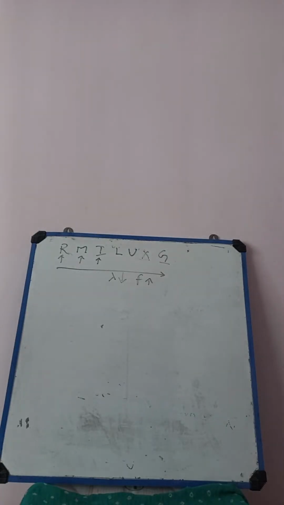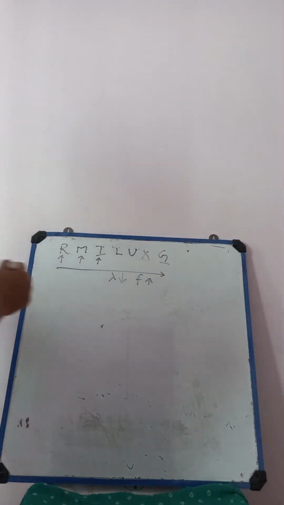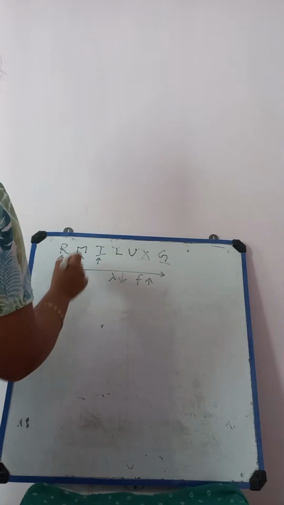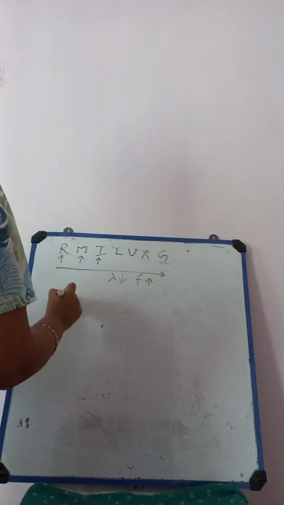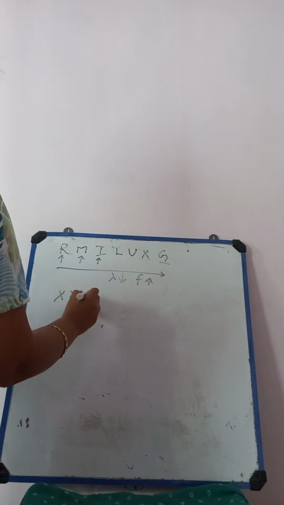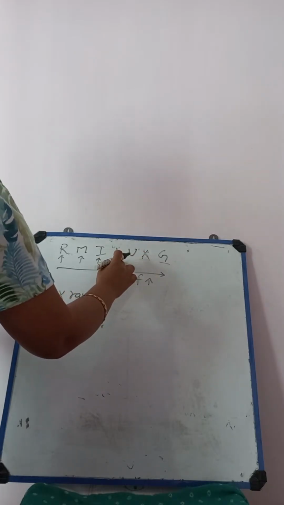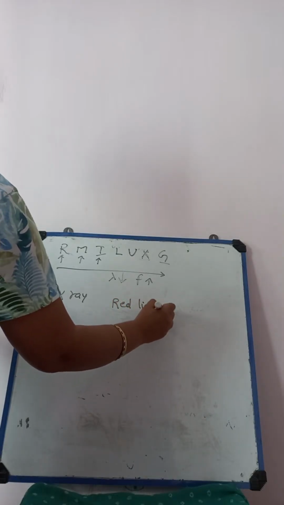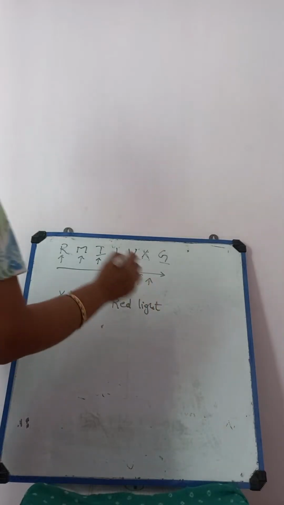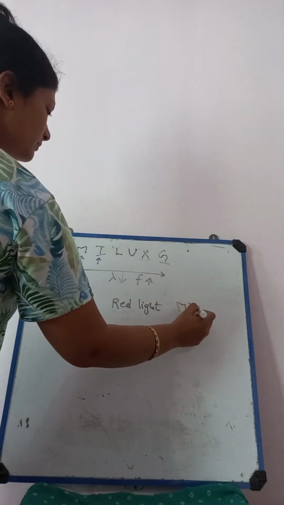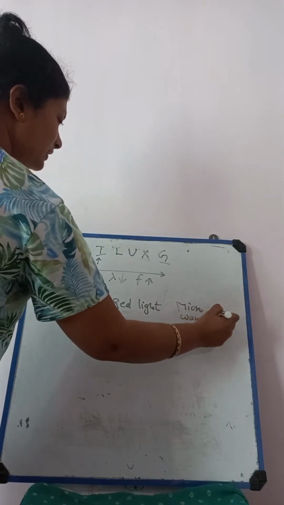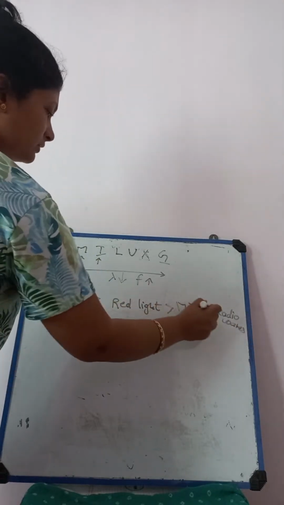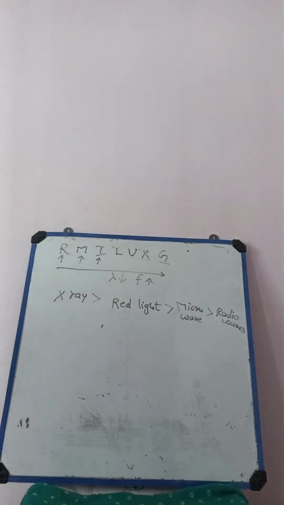So here we can write it as X-ray, then red light, then microwave, and then radio waves, in decreasing order, with arrows.